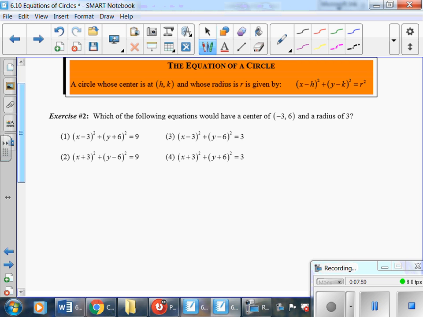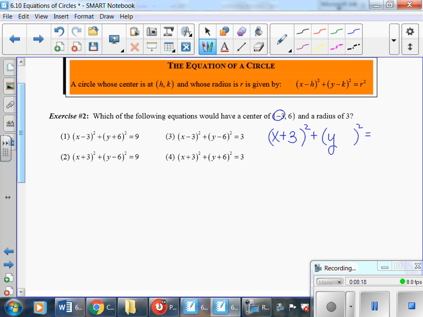Now, I'm not even going to look at my answer choices because I'm going to come over here and say, well, I know that my circle formula looks like this. And I'm going to have x minus my x value here. So this is going to be x minus a negative 3. So it's x plus 3.